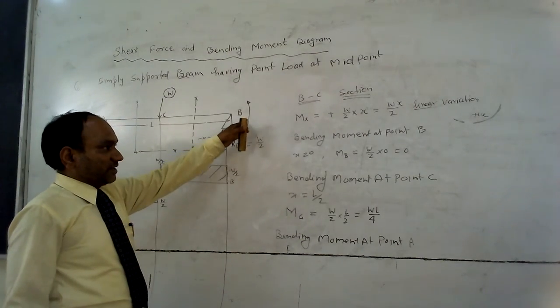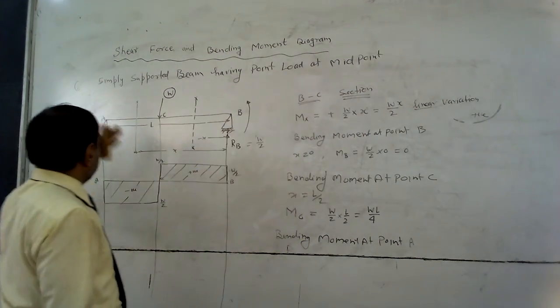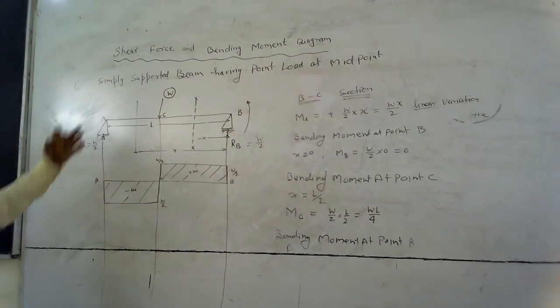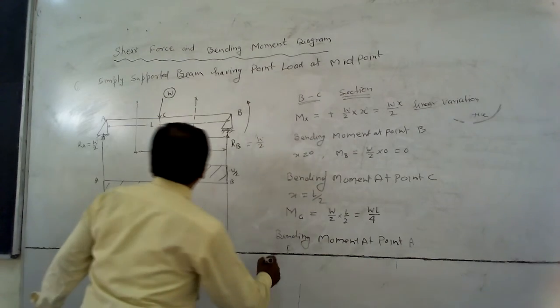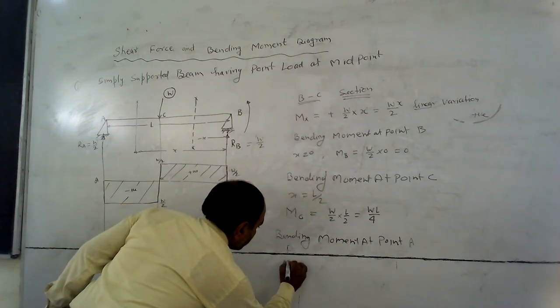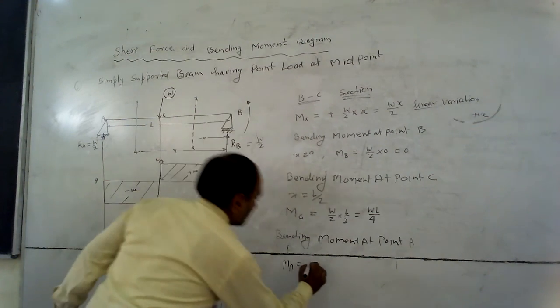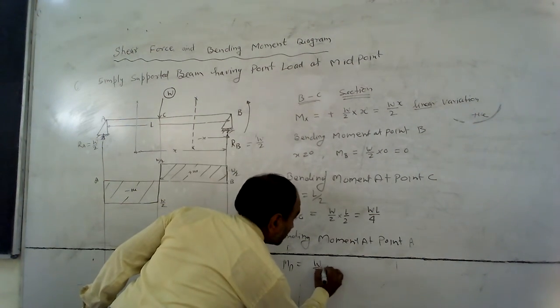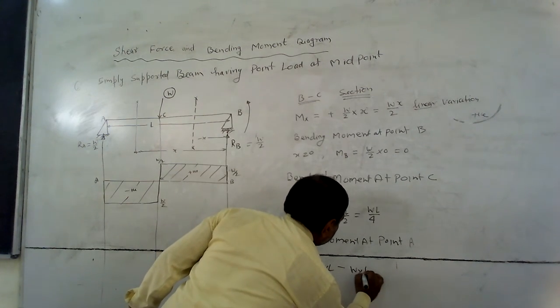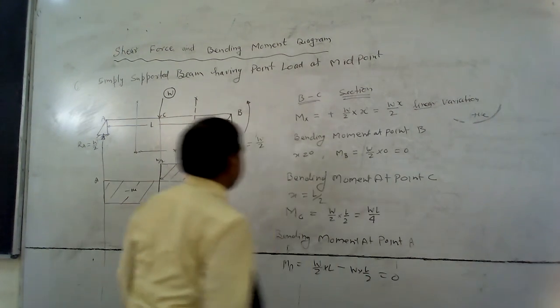If the bending moment at point B is 0, then the bending moment will also be 0 at point A. We can also calculate it. So MA equal to W by 2 into L minus W into L by 2, that is equal to 0.